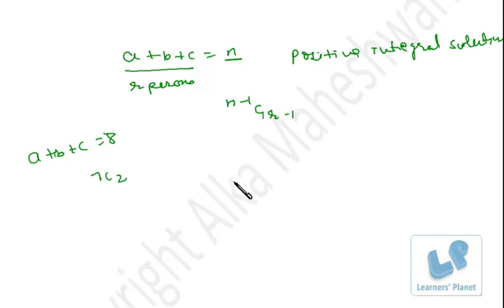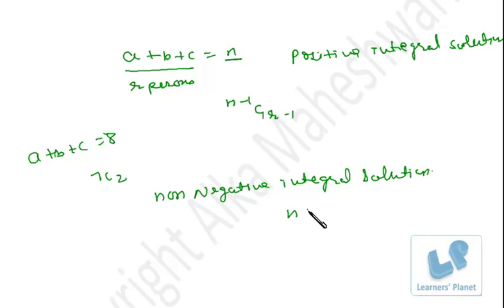And if you wish a non-negative integral solution, the formula will be n plus r minus 1 C r minus 1, right? That means suppose there are 3 persons, we will be using the value of r as 3, and n is n. Suppose a plus b plus c is equal to 8, and I have to find out the non-negative integral solution.